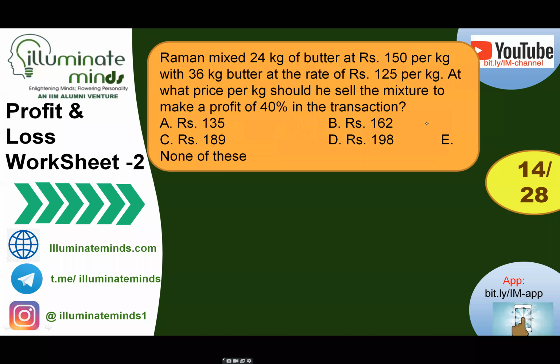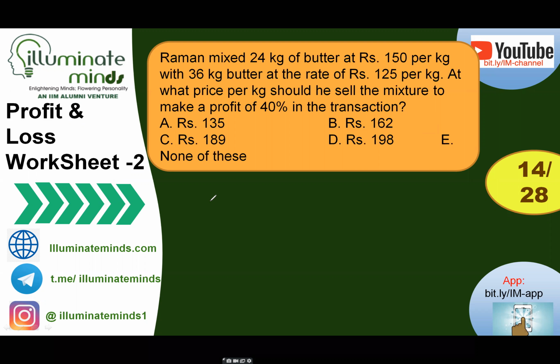Let's move to the next one. Raman mixed 24 kg of butter at rupees 150 per kg and 36 kg butter at the rate of 125 per kg. At what price should he sell the mixture to make a profit of 40% in the transaction? So this is a mixture allocation question. We have solved a similar question during mixture allocation also. So let's reach the cost price first.